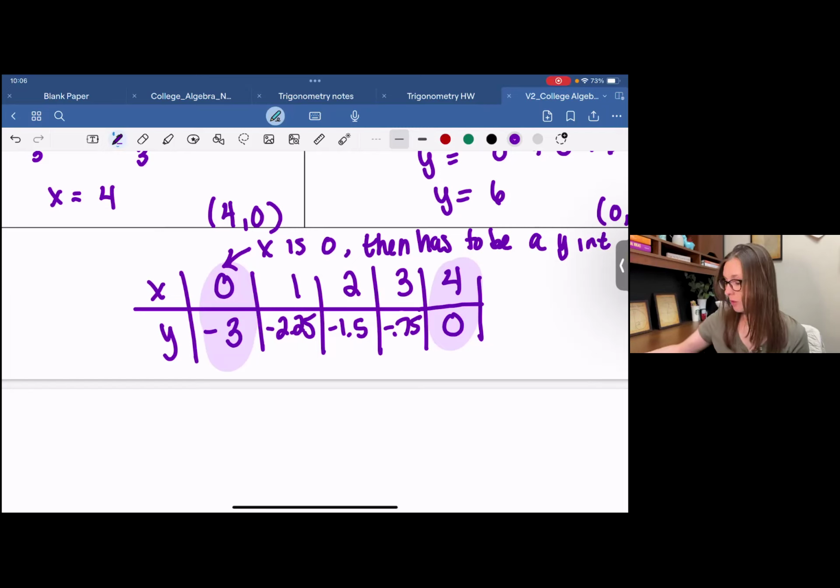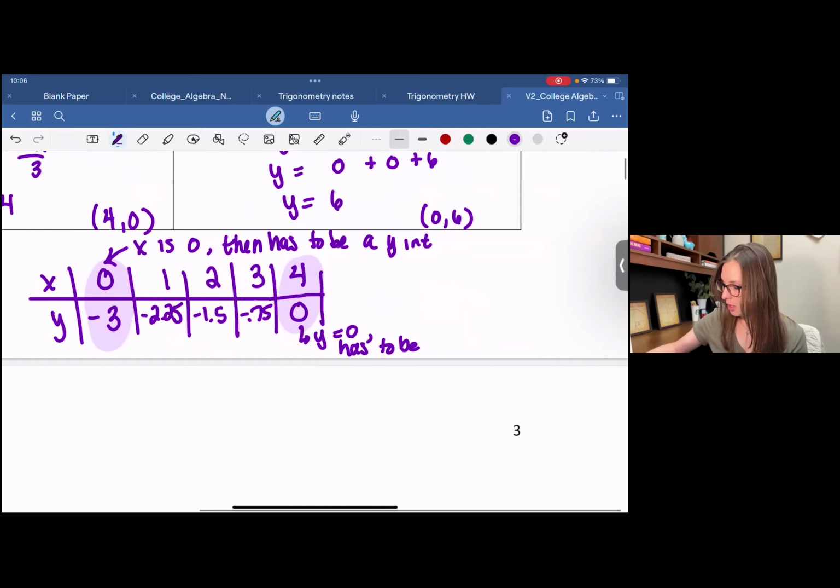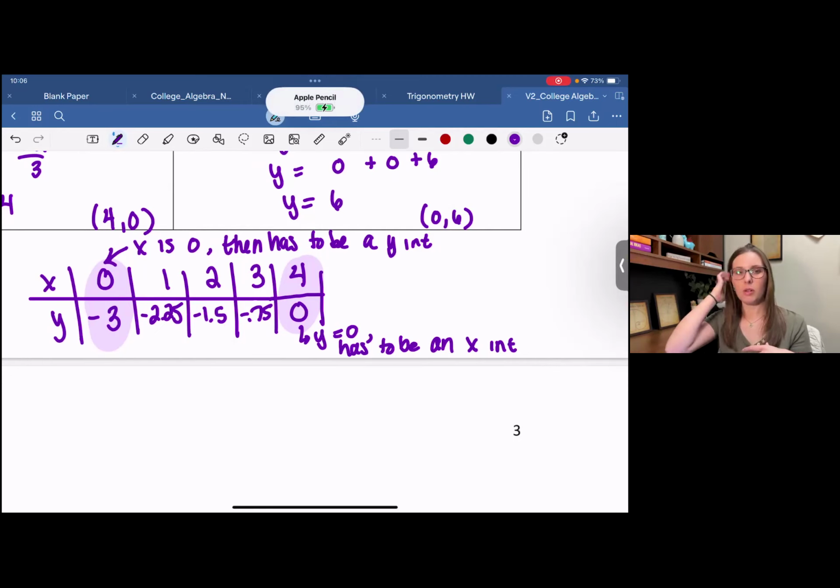And then for the next one, the y value is 0, so that has to be an x-intercept. So those zeros should stand out to you. And then once you see the zeros, you should be able to decide, okay, based on what I know, what is it? And that's all you have to do for a table. You just find it, list it, the end.